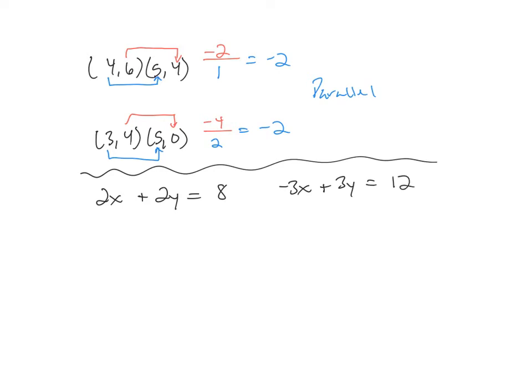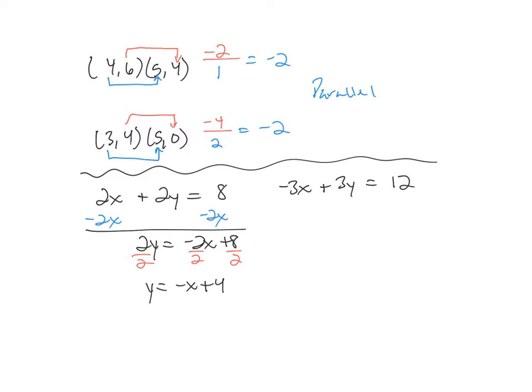So are they parallel? So really we need to know the slope. So what we have to do is put them in slope-intercept form. So it does take a little bit of time here to solve. So the slope is -1, that negative in front of the x.